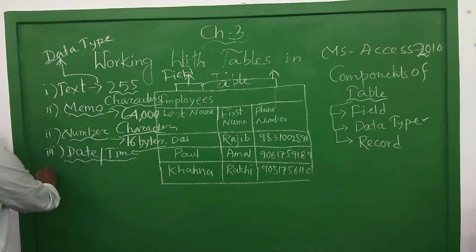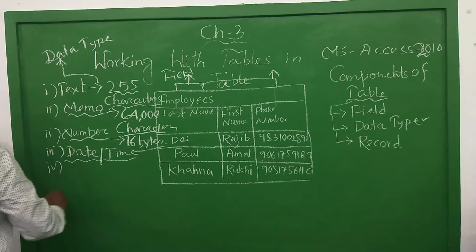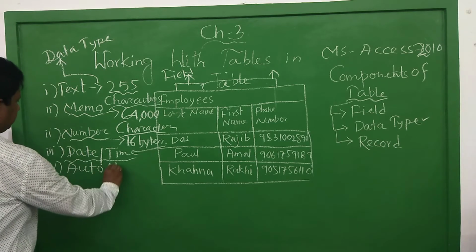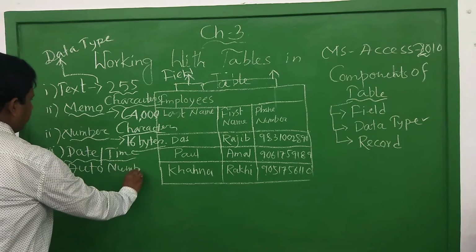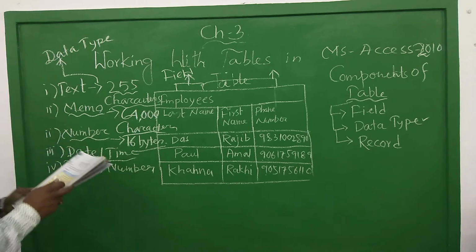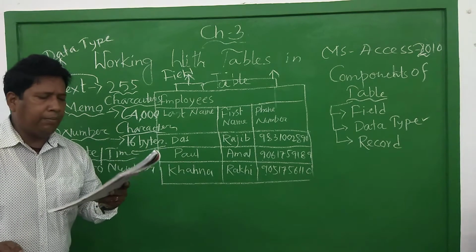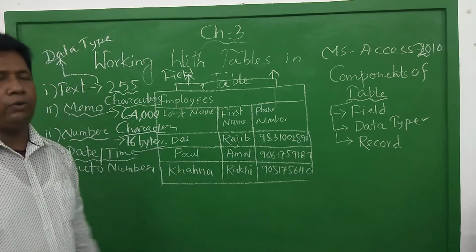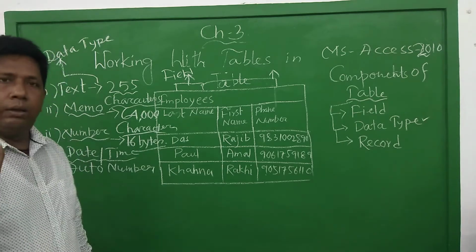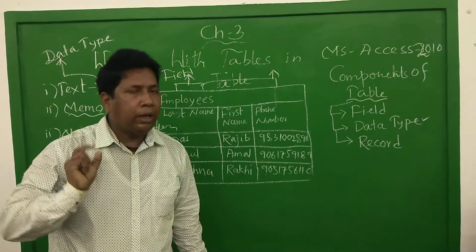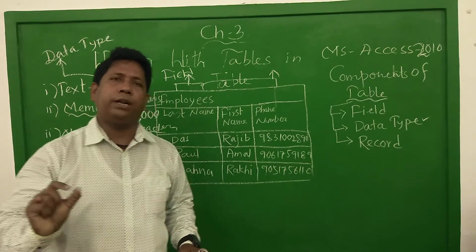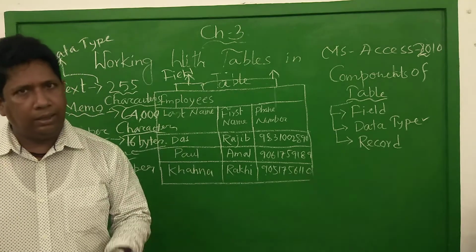Next is auto number, a special number generated whenever a new record is added to a table. Auto number is a type of field which generates a new number automatically after typing a text in the field.